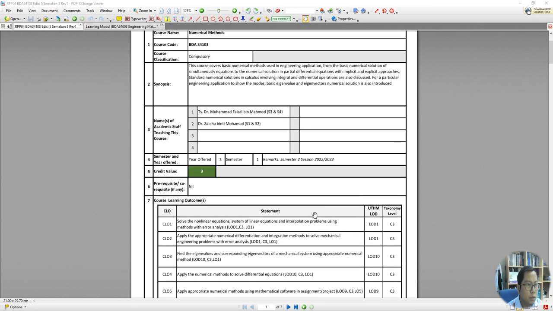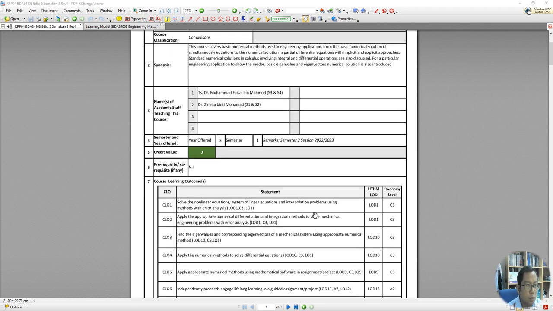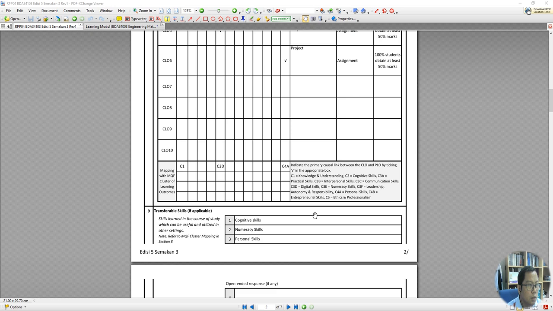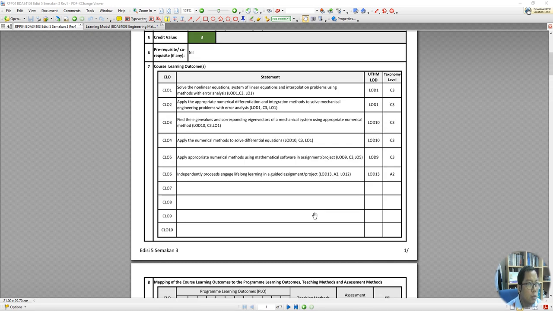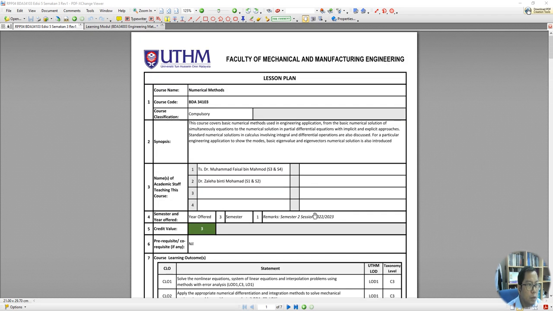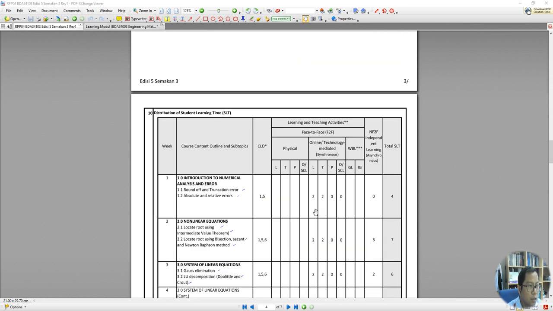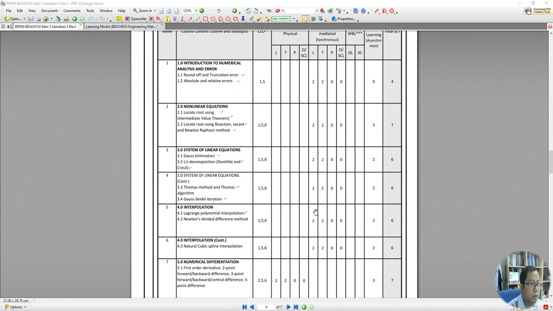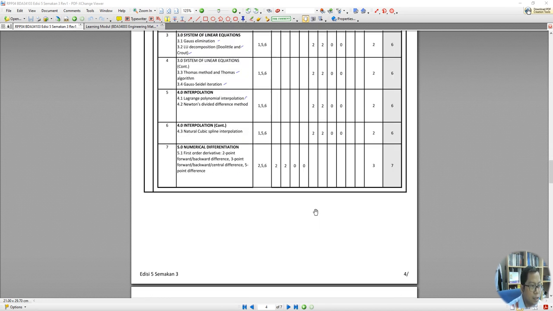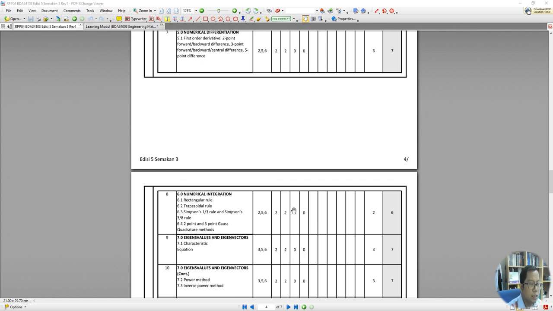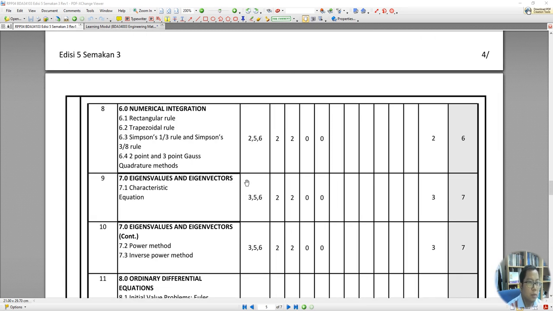For your information, today is 1st June, and I want to show you, before we start our class, our RPP or planning for Chapter 6, which is about numerical integration.